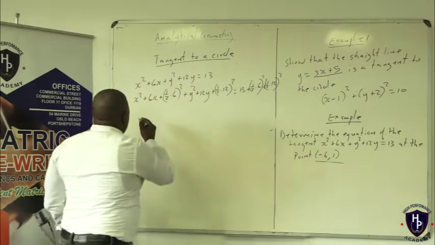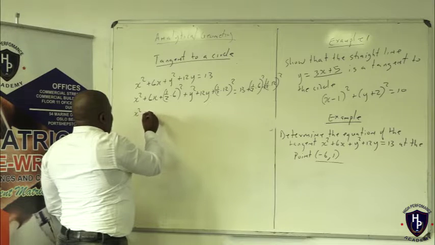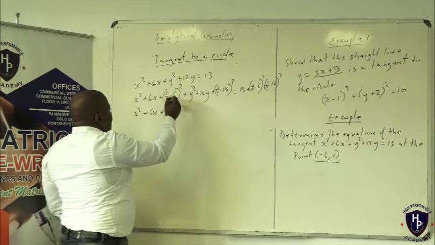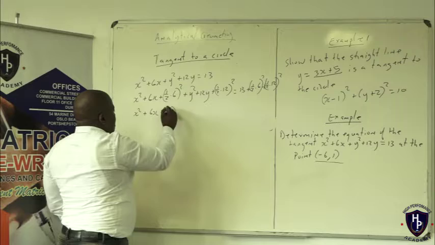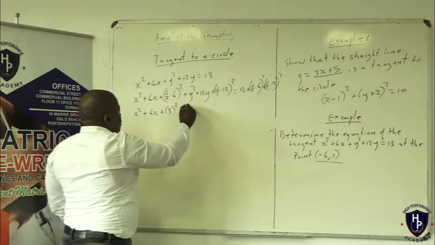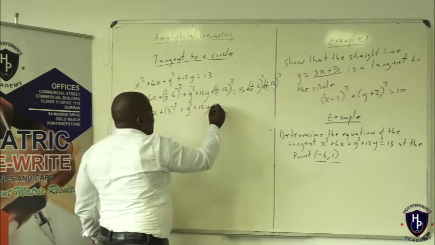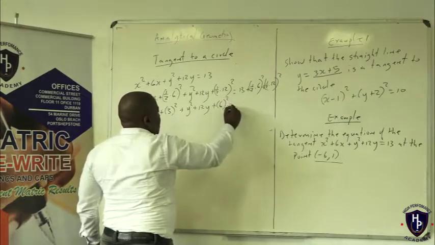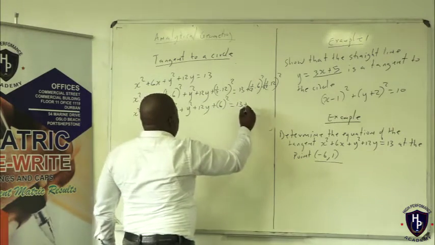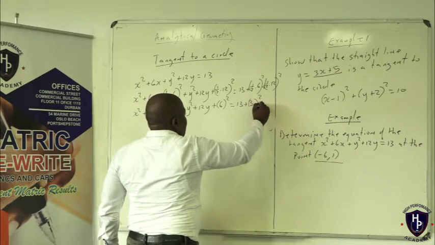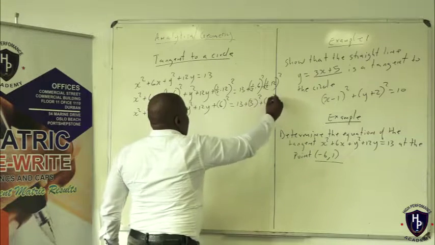Half of 6 is 3 squared, half of 12 is 6 squared, so it's 13 plus 3 squared plus 6 squared.